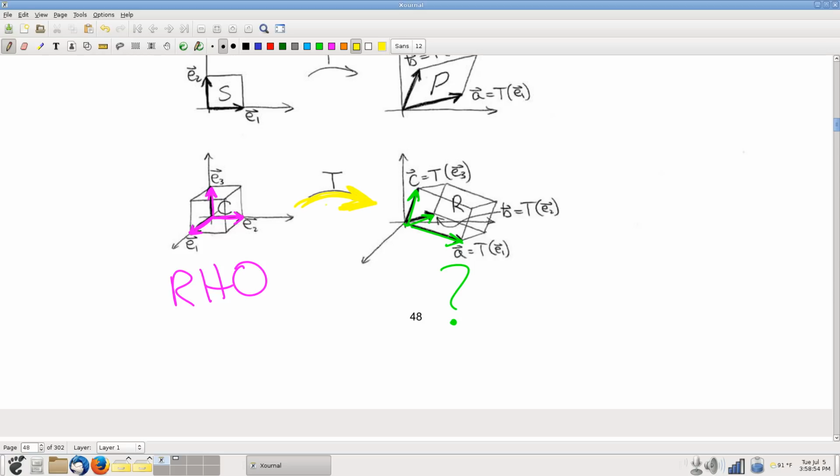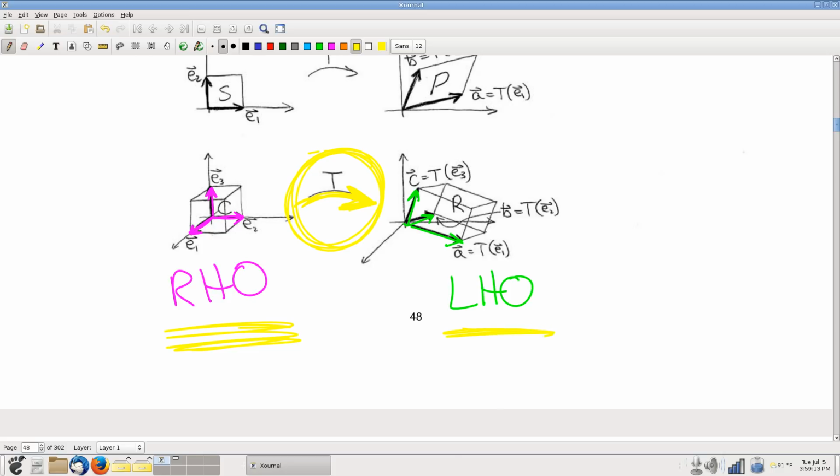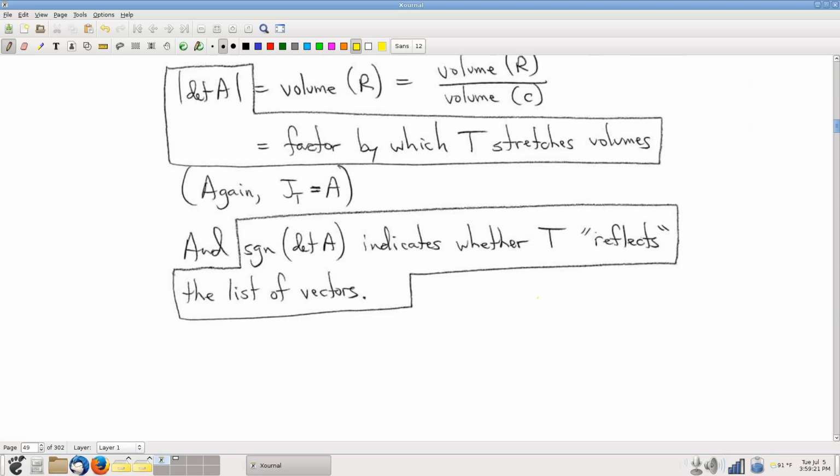If these are in the opposite order, let's say left-hand order, let's think, geometrically, what would this function have to do to take vectors that are in a right-hand order and somehow get them to be in left-hand order? What can you do to a right hand to make it look like a left hand? And that's a reflection, right?